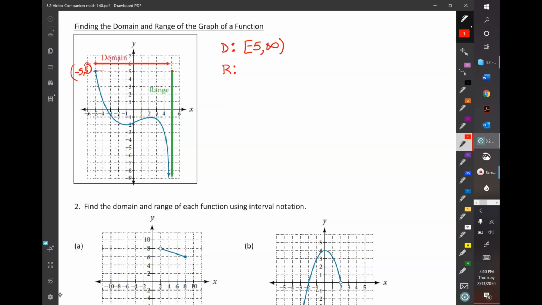So for the range, I would write a curved parenthesis, negative infinity, comma 5 with a closed bracket, because that's a solid dot there too.